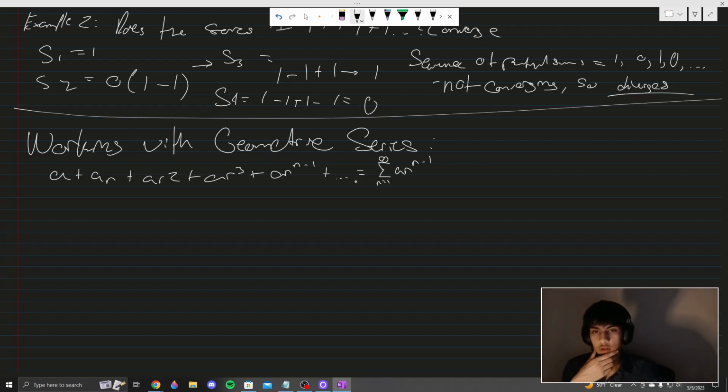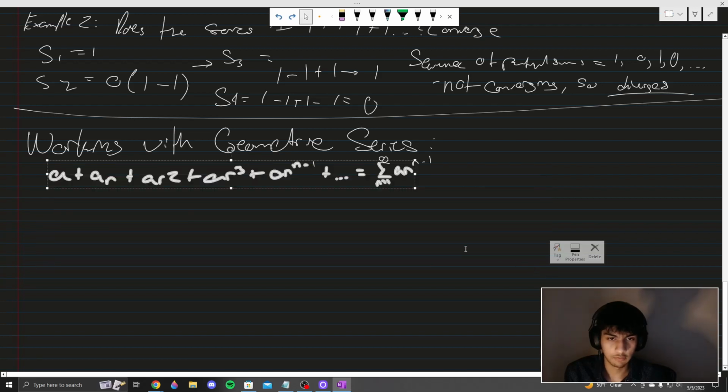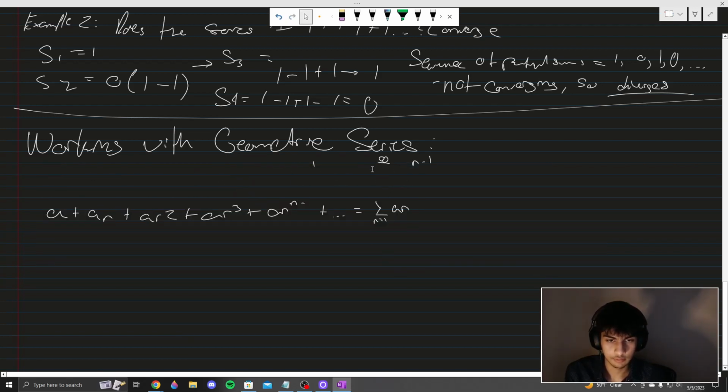Okay, this is the format for a geometric series.